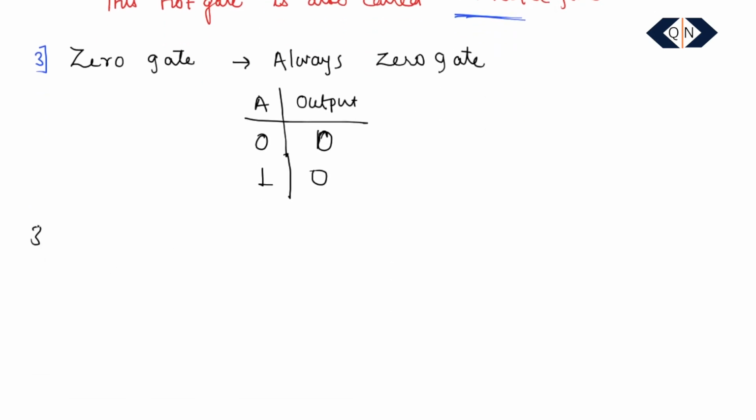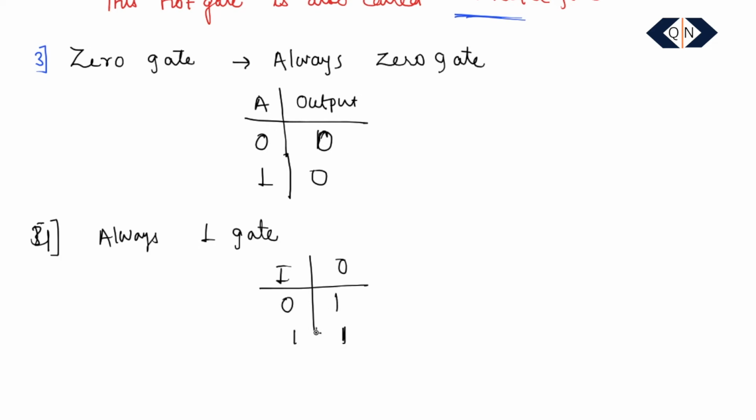Same with the fourth gate, which is the always one gate, meaning whatever the input, we will always get output as 1.